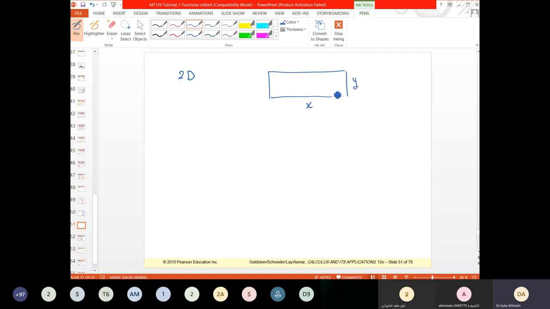Okay, إذا كان عندي rectangle, I'm talking about two dimensions هنا بعدين طول وعرض. Okay, if I'm talking about a 3D shape, I'm gonna talk about a box. How many dimensions I have? I have 3 dimensions. عندي X وعندي Y وعندي Z. فعندي الطول وعندي العرض وعندي الارتفاع. Right?